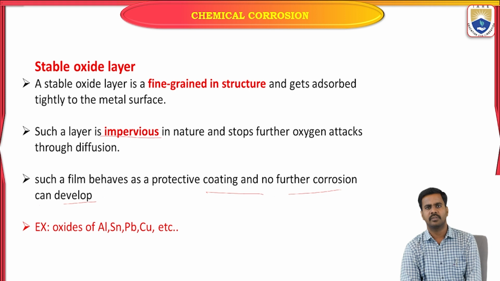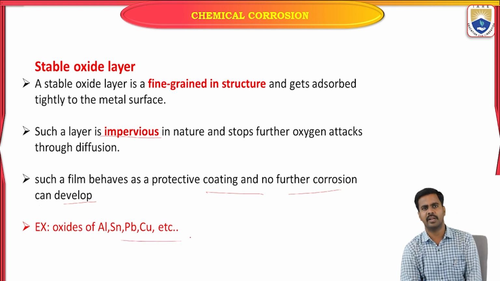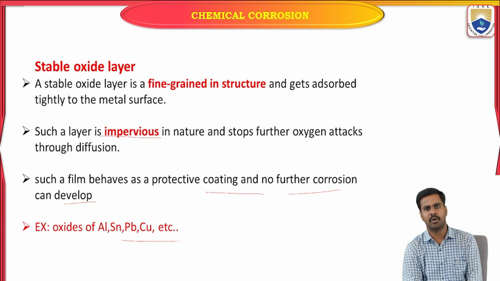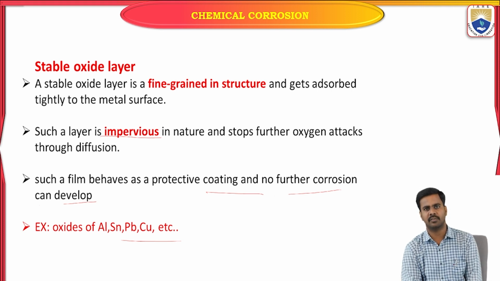Examples of stable oxides are aluminum, tin, lead, copper, etc. So oxides of aluminum, tin, lead, and copper oxides. So this type of metal oxide film is impervious in nature. So if this type of metal oxide layer is formed on the surface of the metal, there is no further corrosion process.